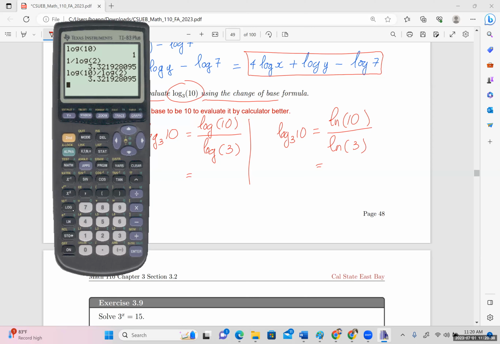Okay, so let's try log of 10 divided by log of 3. 2.095 something, right? Let's try with natural log of 10 divided by natural log of 3.